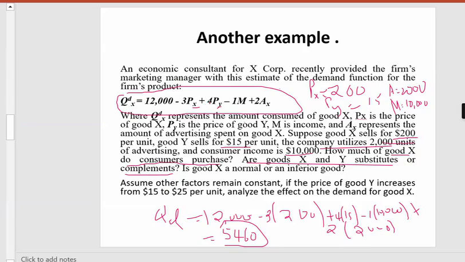If you want to know, you have to consider the sign. For example, you can just test. If I increase, before the price of Y was 15, suppose you put 20. The question is, will the demand of the consumer increase or decrease?